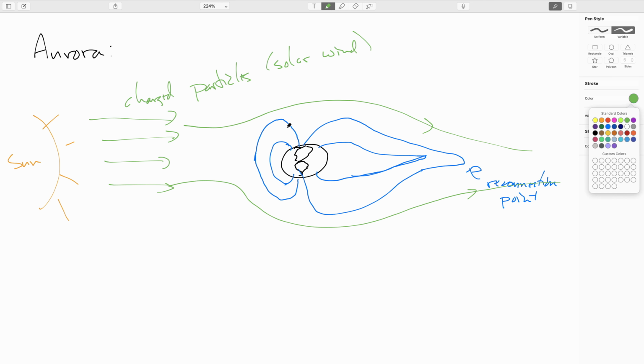Now, likely what will end up happening is the particles will get deposited in one of the two Van Allen belts that hang out here and here. I'm not going to draw them in for clarity. But some of them, especially the ones coming in the polar region, will actually wind up wrapping around, if you will, the magnetic field line and corkscrewing along, doing this corkscrew motion that we just saw.